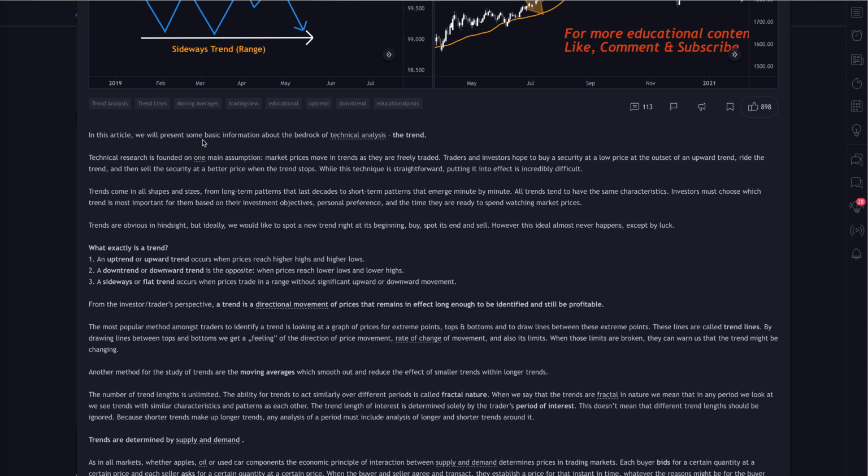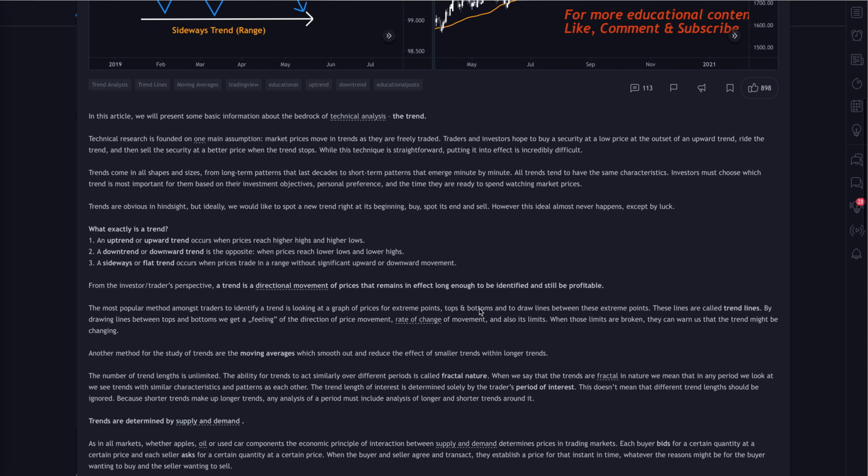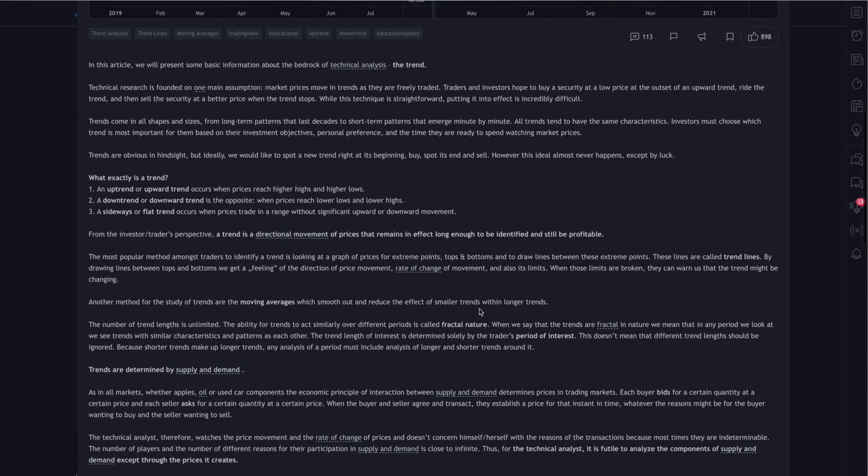So, from the investor trader's perspective, a trend is a directional movement of prices that remain in effect long enough to be identified and still be profitable. The most popular method amongst traders is to identify a trend by looking at a graph of prices for extreme points, tops and bottoms, and to draw lines between these extreme points.